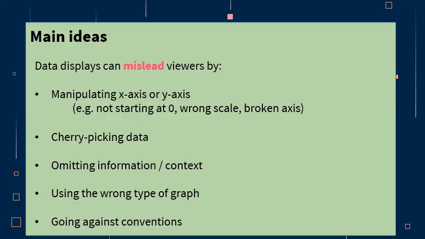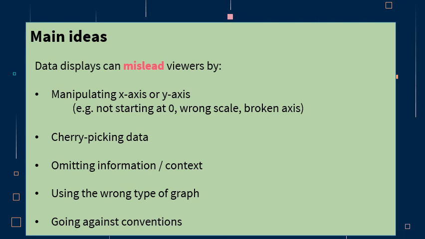All right, so just to sum up, today's lesson was all about how data can mislead people. It can mislead by manipulating the X or Y axis. So that could be not starting from zero. Now, not all things have to start from zero, but in most cases, it's a good idea to. Using the wrong scale, like where we have a lot of space to flatten the shape of the data, or using a broken axis that's not including dates or not having the right scale.